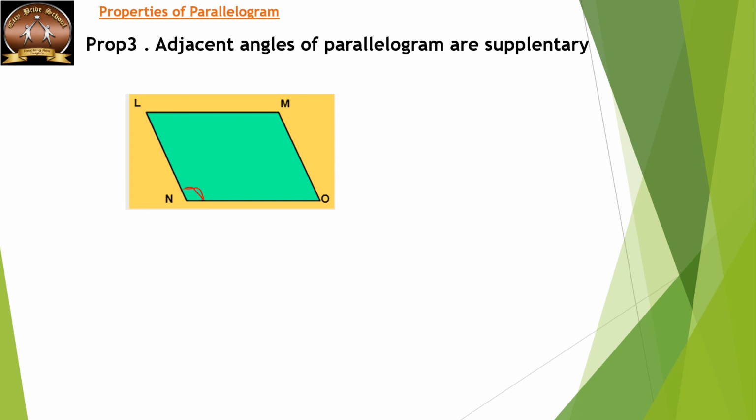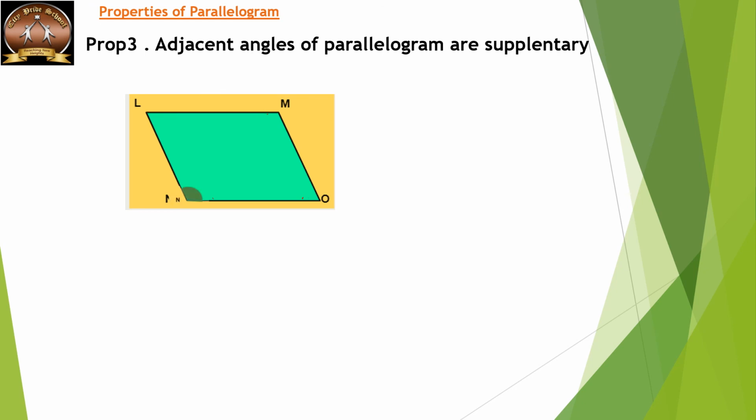So if you take angle N and angle O, they are 180 degrees. You can very clearly observe that this is an obtuse angle, whereas this is an acute angle. So they are supplementary. Here angle M and angle O are supplementary, that is 180 degrees. Here also you can see that angle M and angle O, this is obtuse, this is acute. So the total will end up to a straight angle, 180 degrees. Same with angle L and angle M, they are supplementary. That is, when you add them, you get 180 degrees.